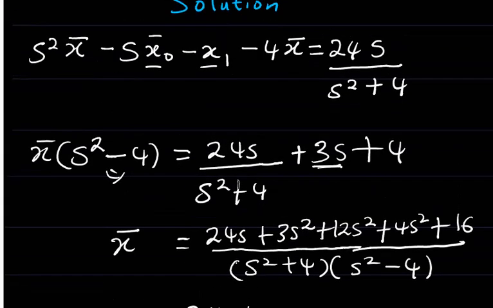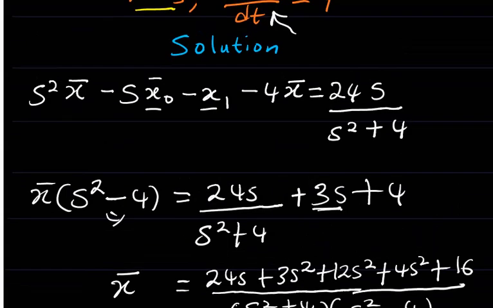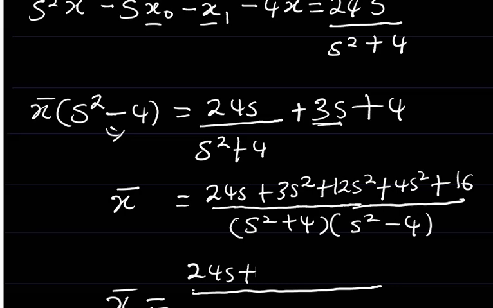It's like I made a mistake somewhere. This was supposed to be 3s cubed, not s squared. Then 3s cubed plus 12s.